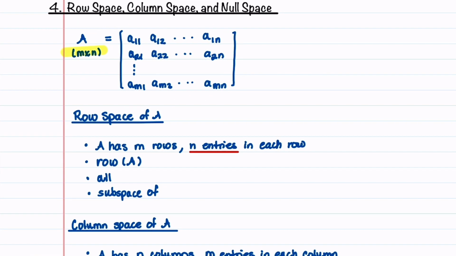Let's first look at the row space of A. A has m rows, and most importantly, n entries in each row.